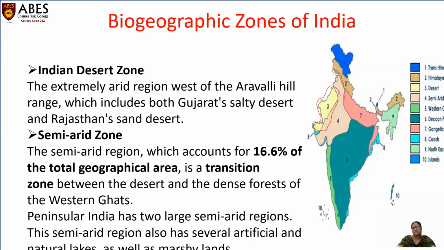You can see the extension of this semi-arid zone. It almost occupies 16.6% of the total geographical area. And we can see it is a transition zone between the desert and the Western Ghats.